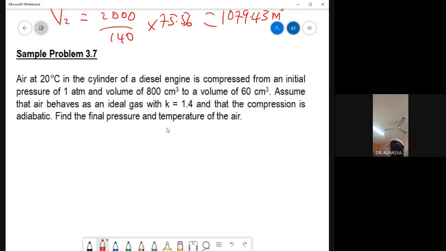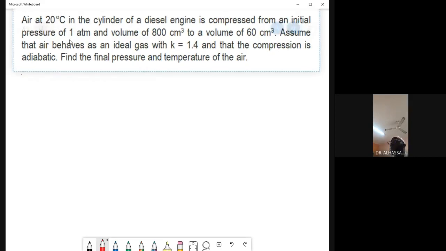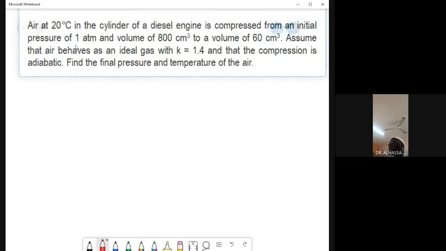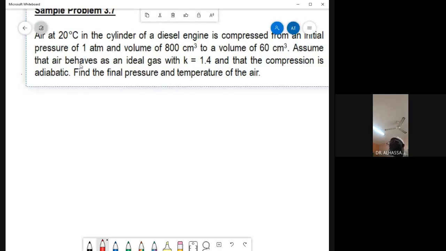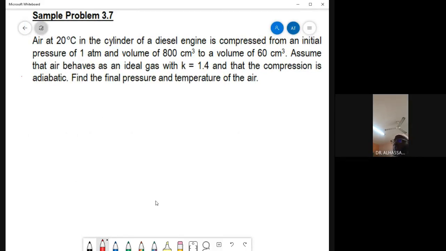Okay, so here we have a cylinder that is undergoing a compression process. So we have a cylinder like this.